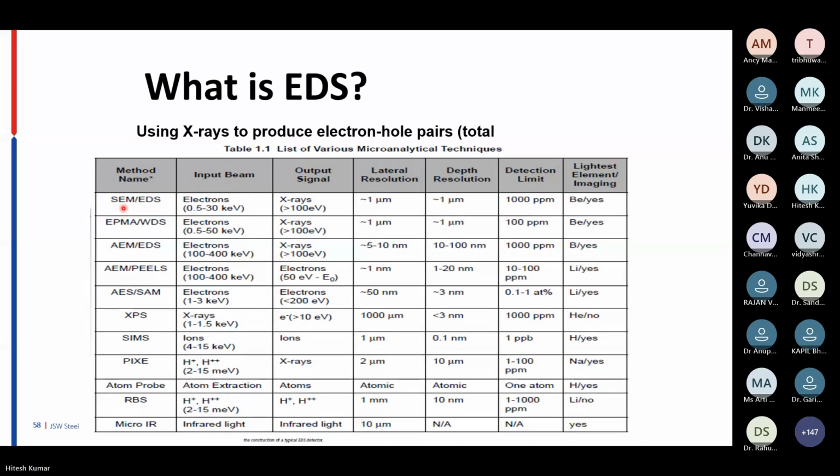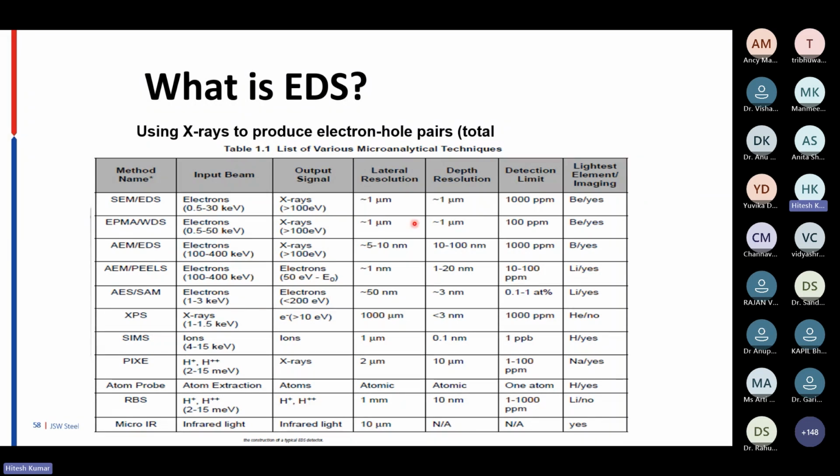For SEM/EDS, the electrons needed range from 0.5 to 30 kV, and the signal is X-ray. The resolution was 1 micron, and nowadays it has even improved to around 10 nanometers and so on. The detection limit is around 1000 ppm.